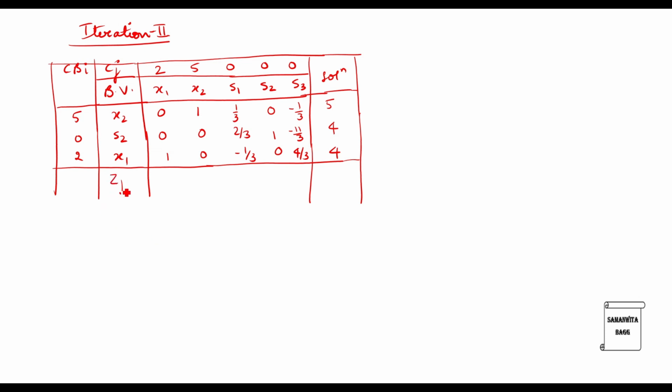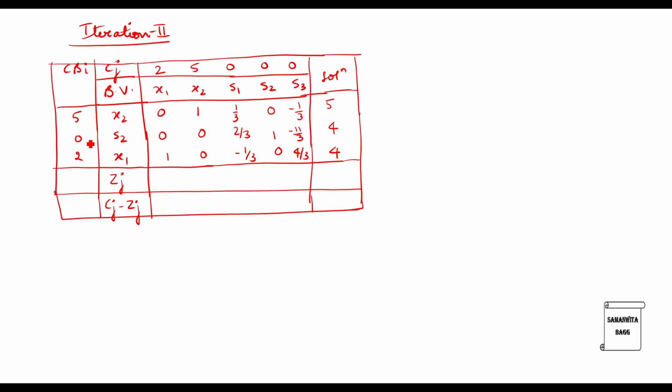So now let's check Zj and Cj minus Zj. Zj is 5 into 0 plus 0 into 0 plus 2 into 1. So this is 2. 5 into 1 plus 0 into 0 plus 2 into 0. So just 5. This is 5 into 1 by 3. So 5 by 3. 0 into 2 by 3 gone. And 2 into minus 1 by 3. So minus 2 by 3. So this is just 1. 5 into 0. 0 into 1. 2 into 0. 0. 5 into minus 1 by 3.